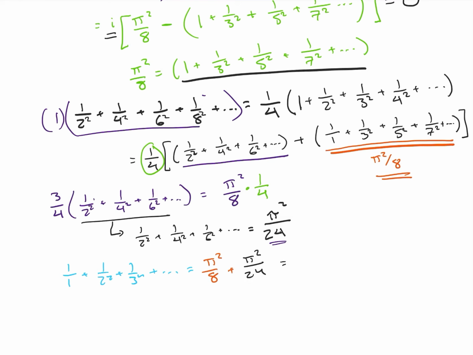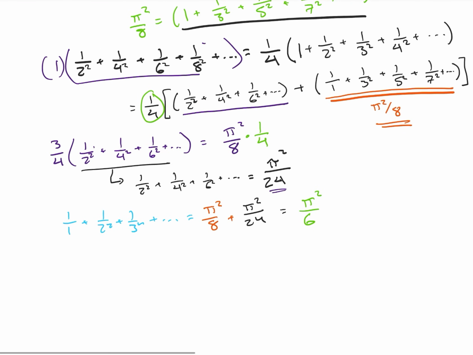And that sum, with a common denominator, is 3 pi squared plus 1 pi squared, so 4 pi squared over 24, so that's pi squared over 6. And what I've just successfully found is that the sum, n equals 1 to infinity, of 1 over n squared is equal to pi squared divided by 6.